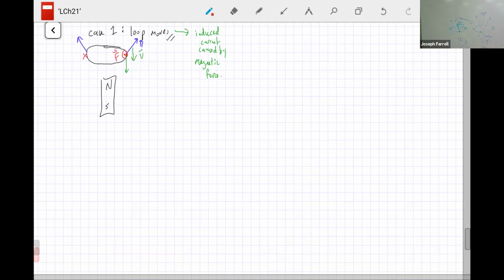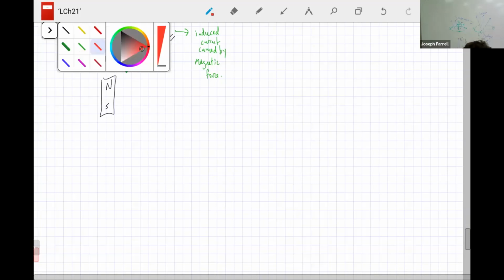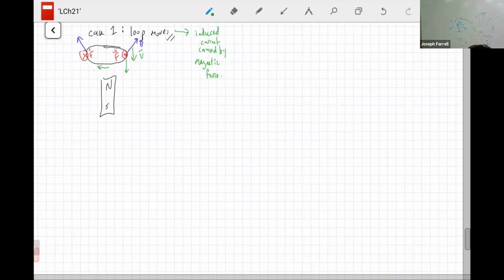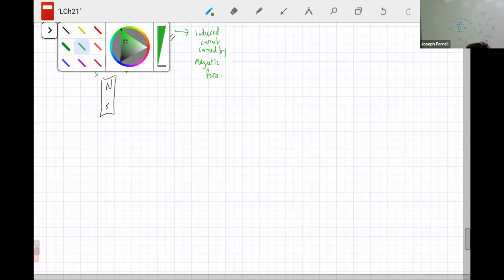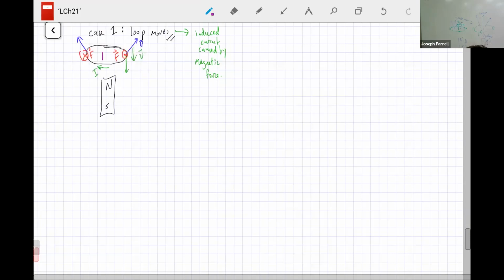Here you'll get a force going in on a positive charge. The opposite way for a negative charge, but it'll give you the same conventional current. And that's telling us Lenz's law, because Lenz's law then is giving us the current, and then you've got an induced magnetic field inside here that's down, and so that's opposing the change.